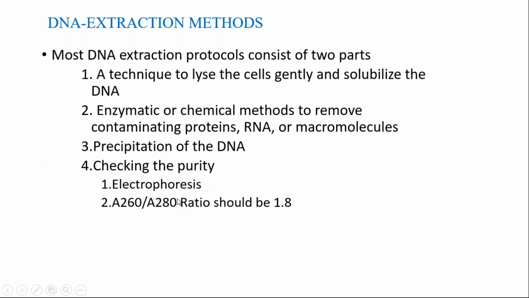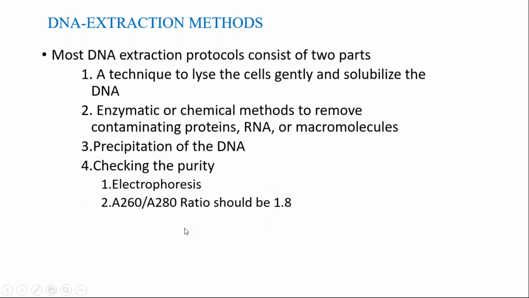We can evaluate the purity of DNA by agarose gel electrophoresis, or by the ratio of the absorbance at 260 by 280. This ratio should be 1.8. If it is more than 1.8, nearing 2, you know that you have RNA contamination.